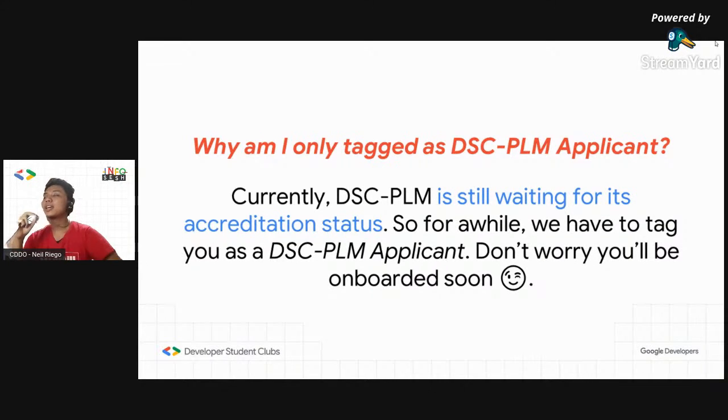Pero we assure na once na naglabas na yung OSDS ng final status namin, we will update you. And as soon as na ayos na yung accreditation namin, we will be welcoming you to be a core member of DSC PLM. Next.